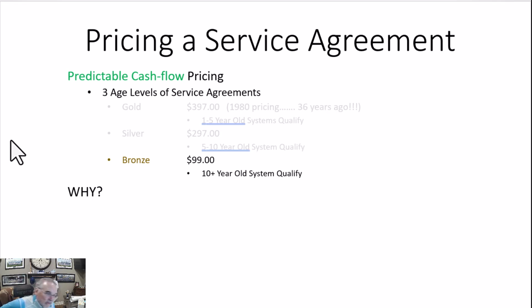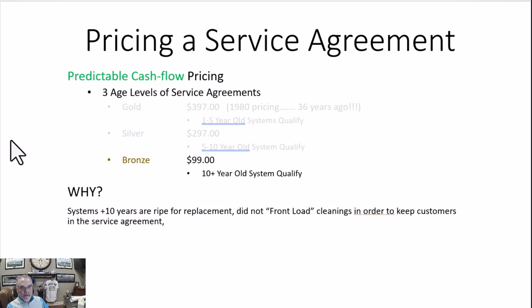So basically Ron charged $99 for this on 10-year-old systems, with the predictability that those systems weren't going to last and they could turn and get a new system out of it. Systems 10 years old are ripe for replacement, so he did not front load cleanings in order to keep the customer in the service agreement. That was his thought process behind that.